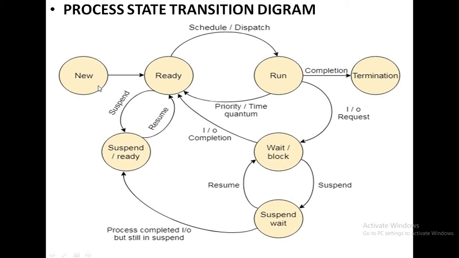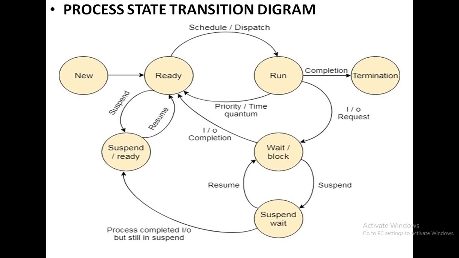So, first we are going to discuss the states one by one. First one is the new state. When the user creates a process or inserts a process inside the computer system, that state is called the new state, or we can also call it the born state. And the second one is the ready state.